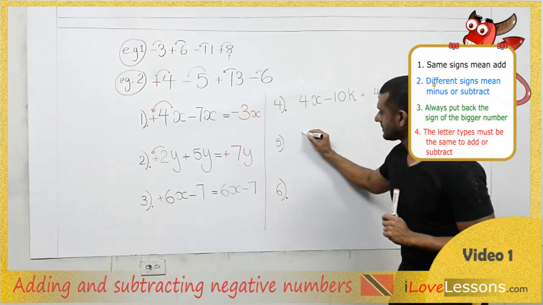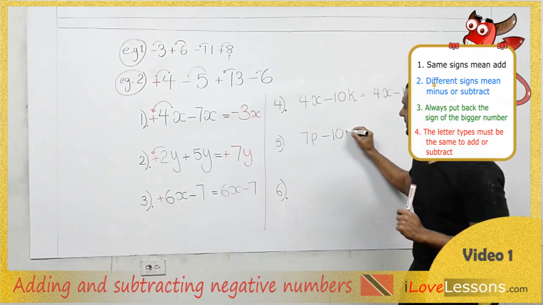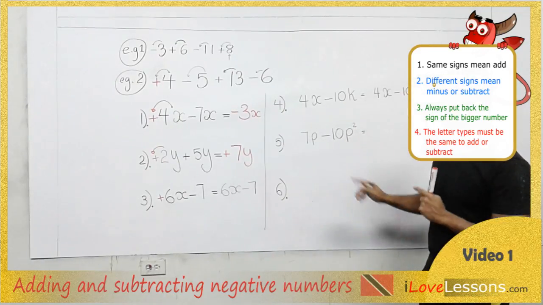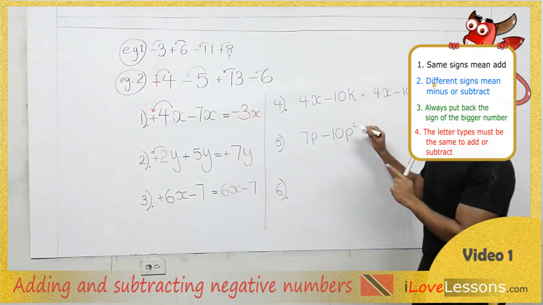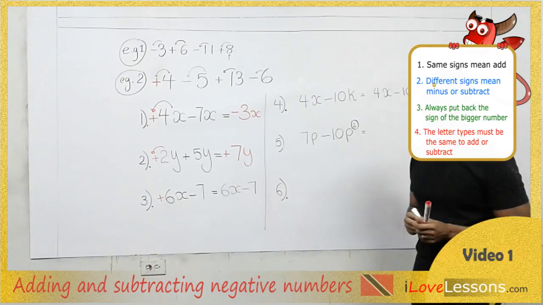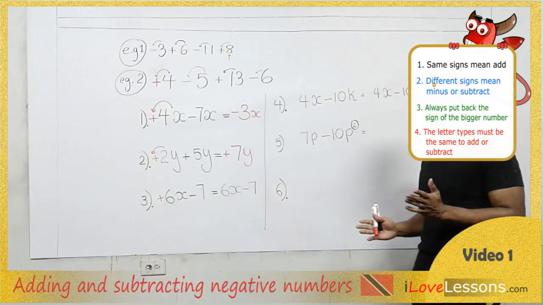How about this one? Minus 7p minus 10p squared. This has a p. This also has a p. But don't forget this guy here. P and p squared are also considered different in maths.